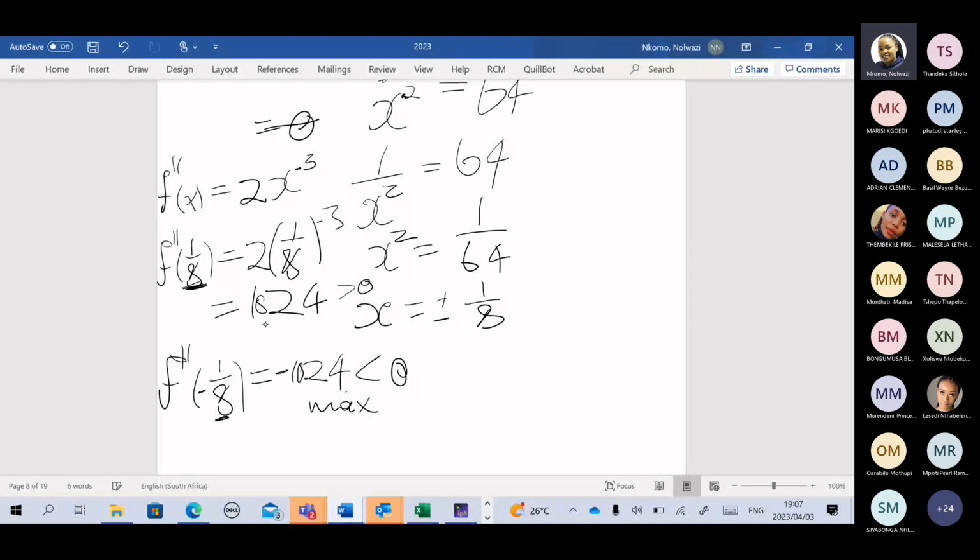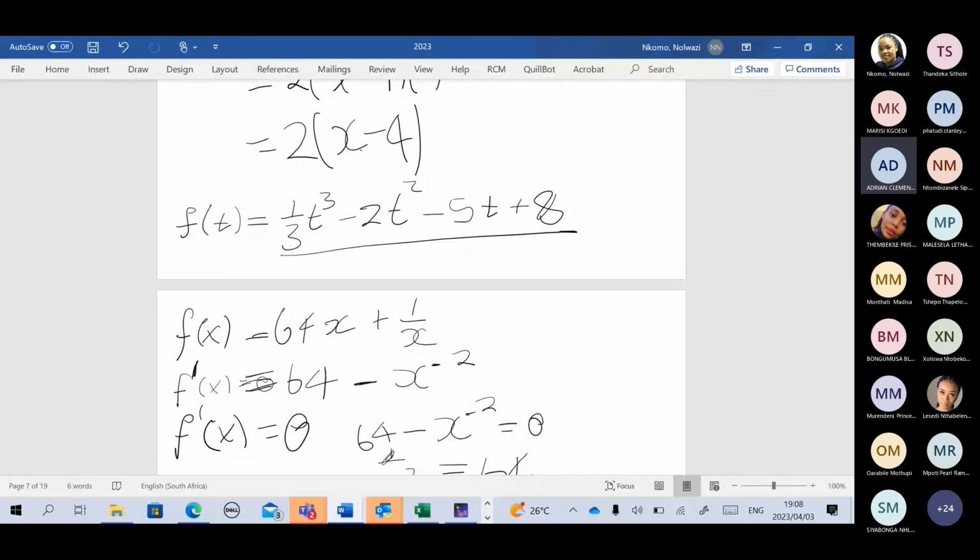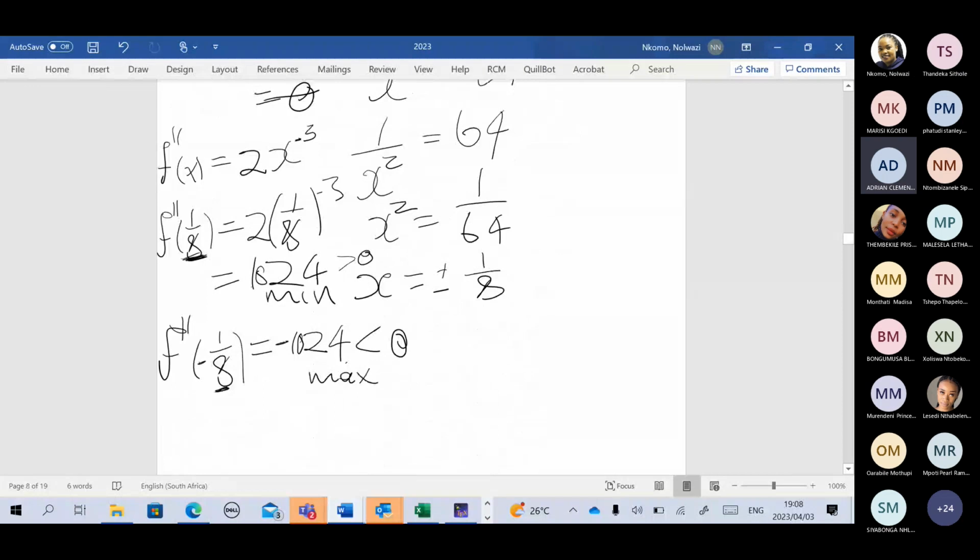I wanted to ask a question with 2 points. So you solve for x and you got negative 1/8. Why do you have positive 1/8? Here we have x squared equal to 1/64, right?